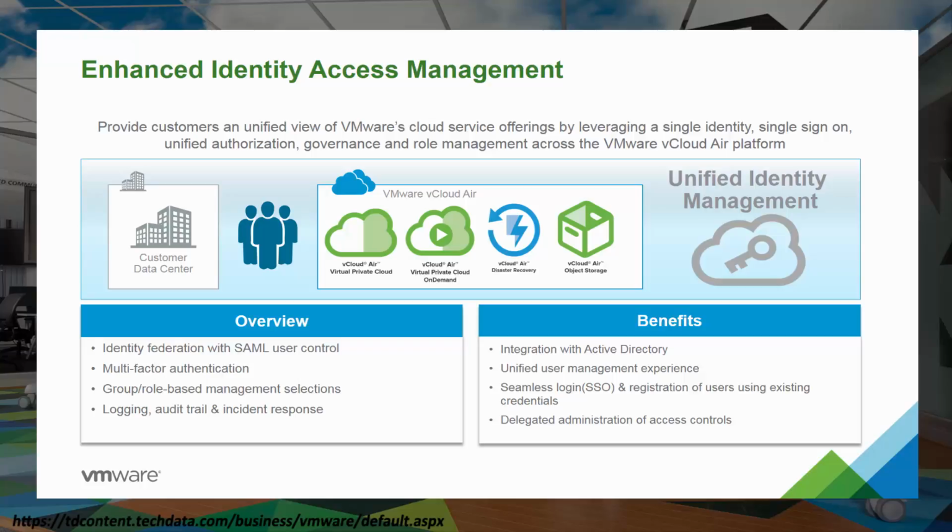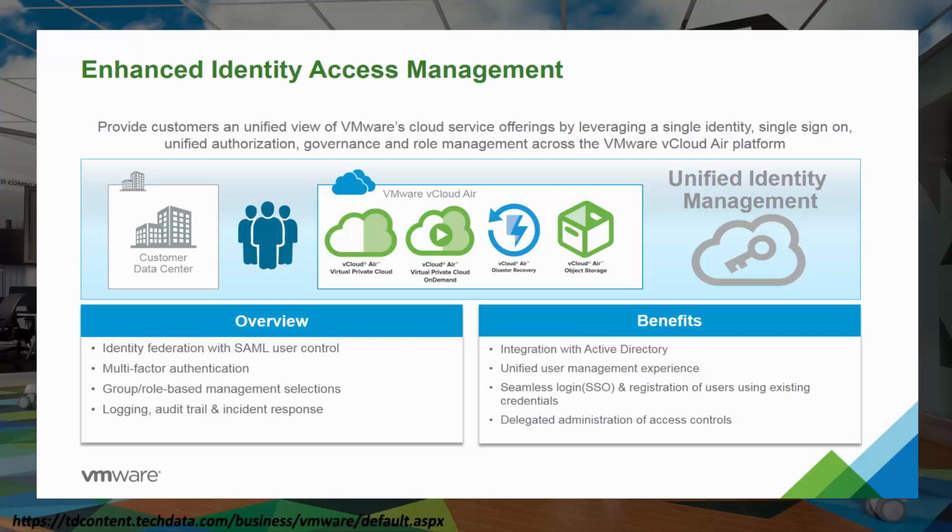vCloud Air is expanding capabilities for identity access, thus extending user management capabilities from on-premise to vCloud Air, an obvious transition to where we're going with identity access now that we are bringing in public cloud as well. This increasingly simplifies how IT controls user management using token authentication.